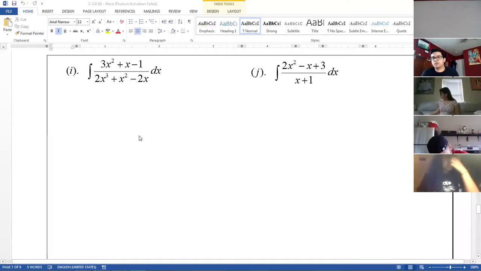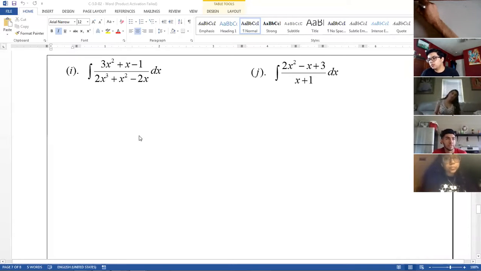Okay, let's do now this one right here. Okay, the integral of 2x squared minus x plus 3 over x plus 1 dx.